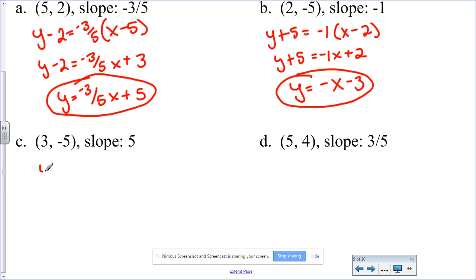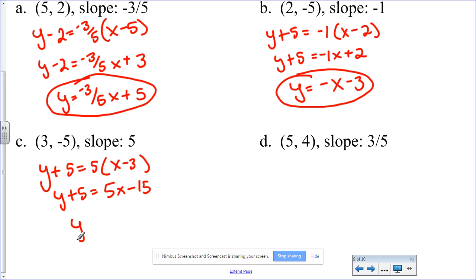Okay, next one. Y minus -5 equals 5 times x minus 3. When you distribute, you get 5x minus 15. Then we're going to subtract 5 from both sides. So -15 minus 5 is -20.